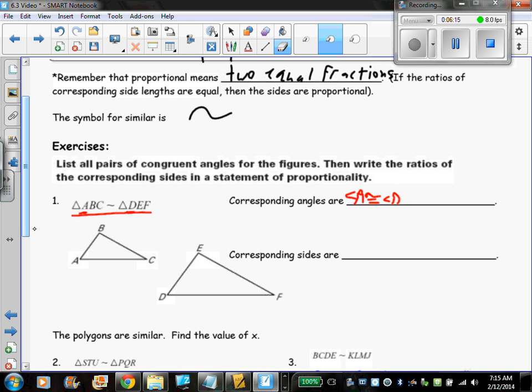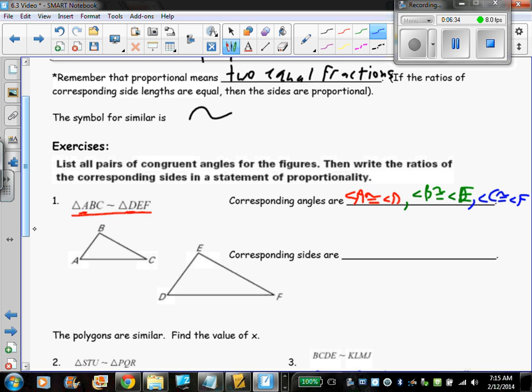We can also say that angle B is congruent to angle E. And we can also say that angle C is congruent to angle F.